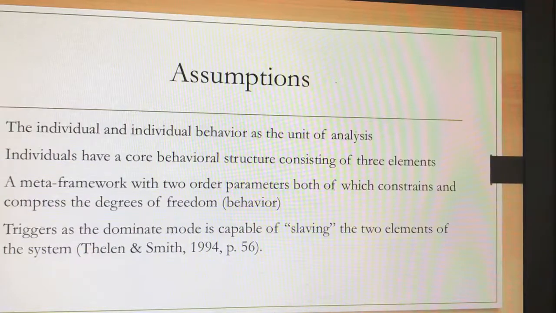And very important is that triggers, as the dominant mode, is capable of slaving the two elements comprising the monitoring mechanism. This meta-framework, the three components together, are evidenced as the outcome termed individual human behavior.